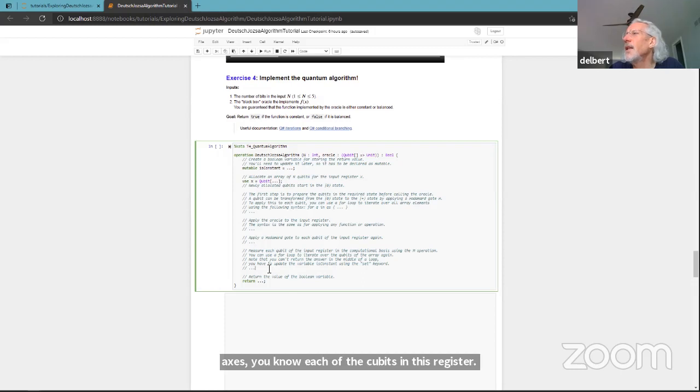And then finally, you go into a loop and measure each qubit. And when you measure the qubits, you keep a tally, because if any of them is 0, then you need to set is constant to false. And so that's how you'll get your answer, and then you can just return the answer.